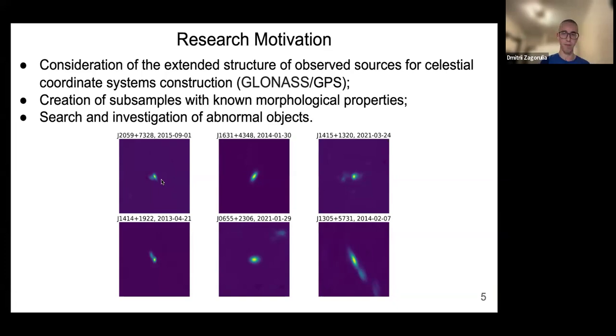Additionally, having this morphological classification could help scientists to create different subsamples of objects with known morphological properties, and vice versa to investigate anomalous objects as well.